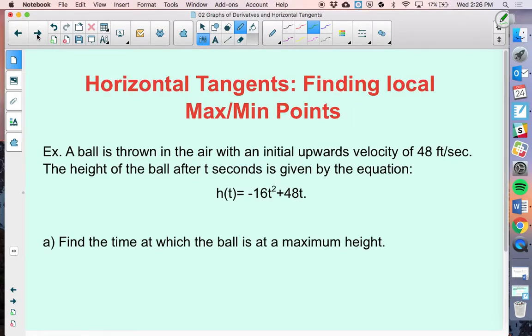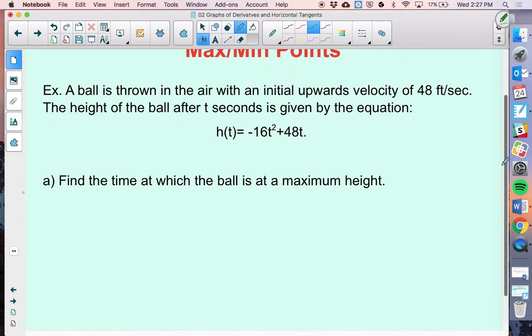All right, next thing. A ball is thrown in the air with an initial upward velocity of 48 feet per second. The height of the ball after 2 seconds is given by this equation. So we have this equation that models the height of a ball. Find the time at which the ball is at a maximum height. So if you imagine this graph, your x-axis would be time, and your y-axis would be height.